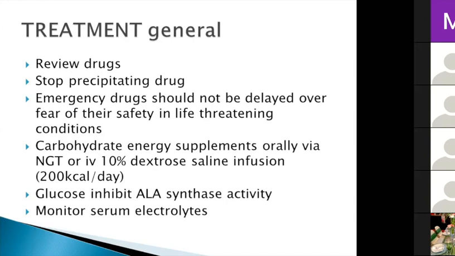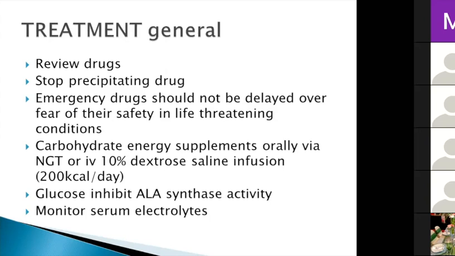Carbohydrate energy supplements play a very huge role in these patients because glucose is said to inhibit ALA synthase activity. It will alleviate symptoms that are associated with the neurovisceral crisis. So we can give our carbohydrate supplements orally or via an NG tube.